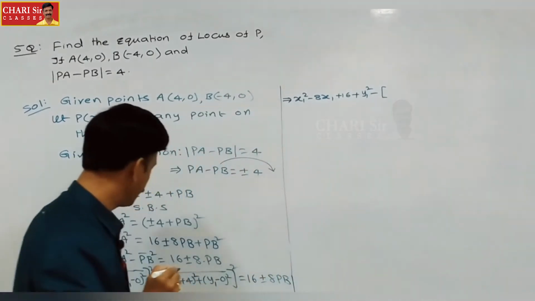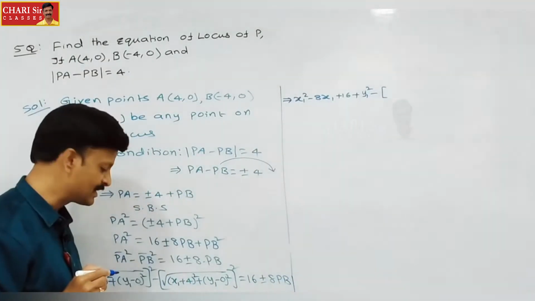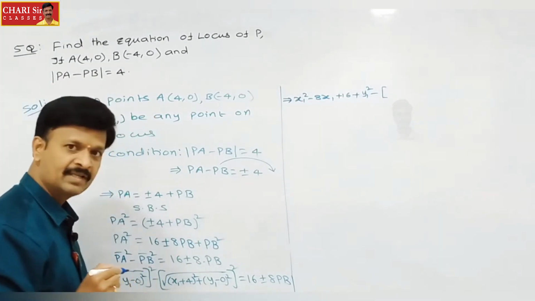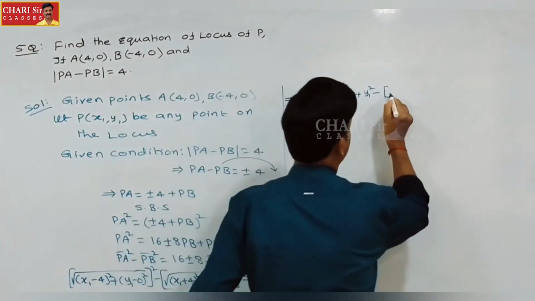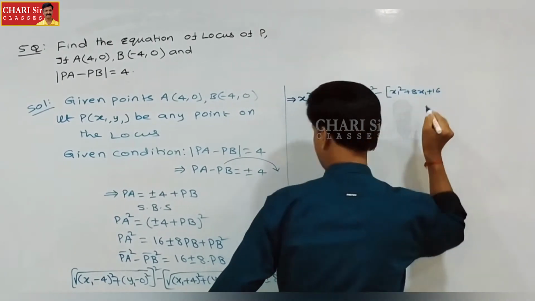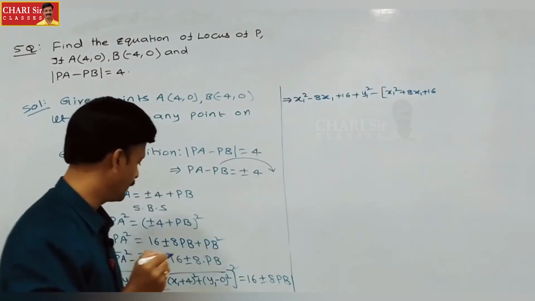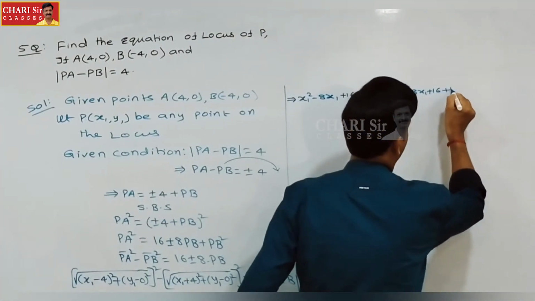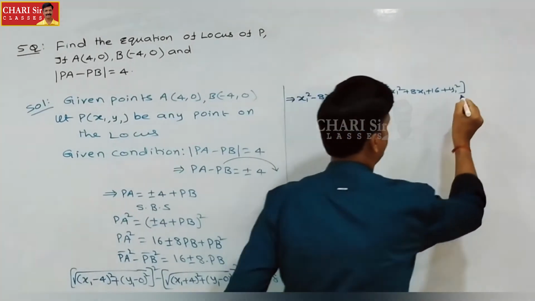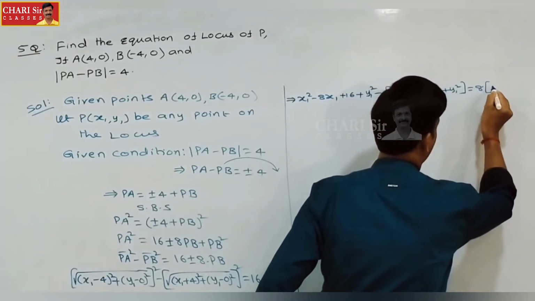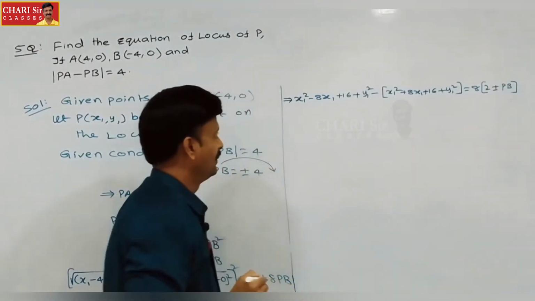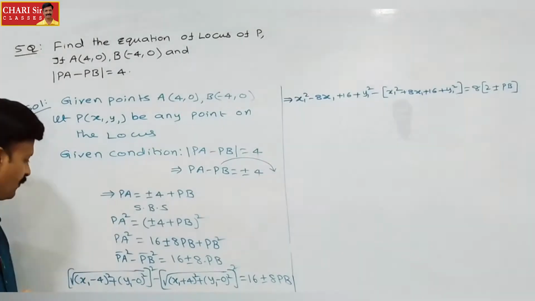So (x1 plus 4) whole square is in the form of (a plus b) whole square, so we expand it: x1 square plus 8x1 plus 16, and here y1 square, close the bracket, is equal to 8 into (2 plus or minus PB). These are the expansions of both of them.